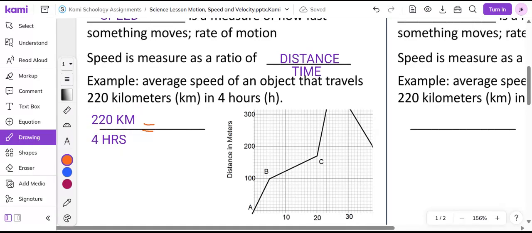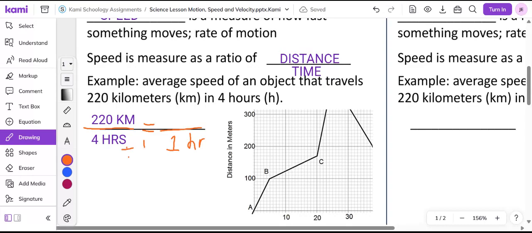This should look familiar from sixth grade math, where we have the ratio 220 compared to 4 hours, and we can simplify it by comparing it to 1 hour. So it's going 220 kilometers in 4 hours.